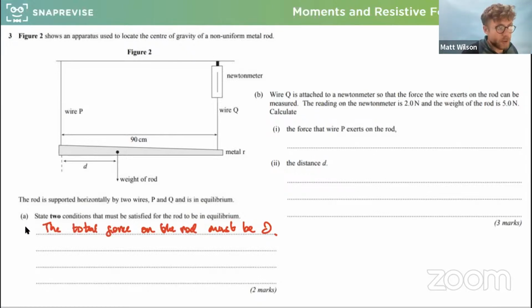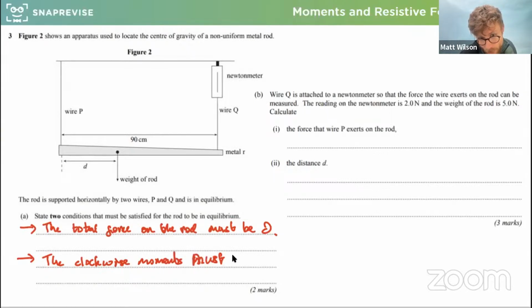Okay, so we have a new thing, which is all about rotation. So the other thing is that the clockwise moments must balance the anti-clockwise. Yeah, perfect.